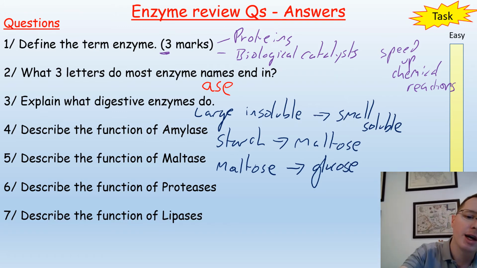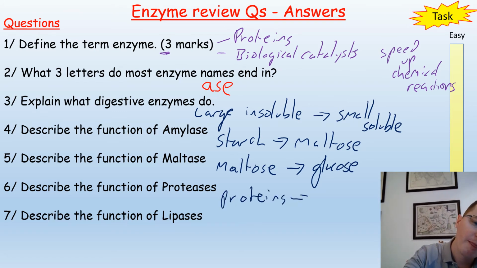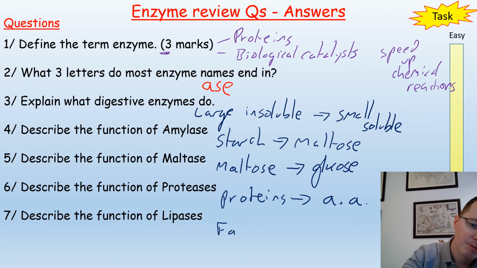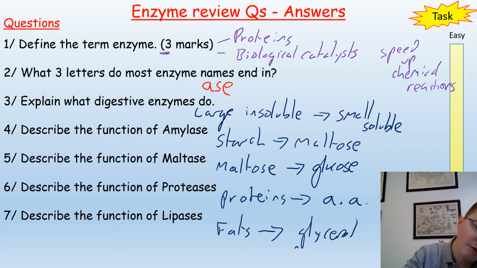The function of protease is to break down proteins into amino acids. I often use the abbreviation A.A. for amino acids. And lipases break down fats or lipids into glycerol and fatty acids.